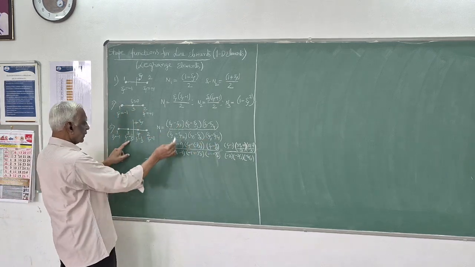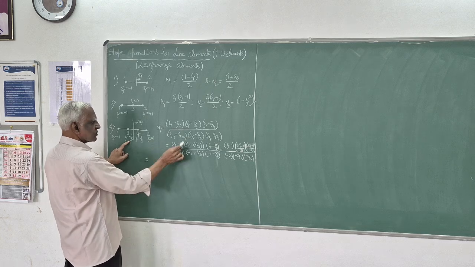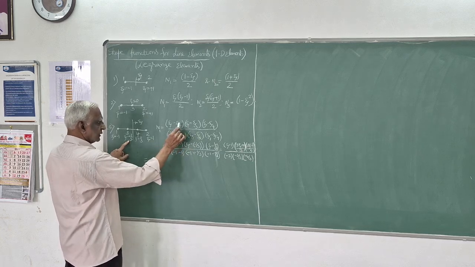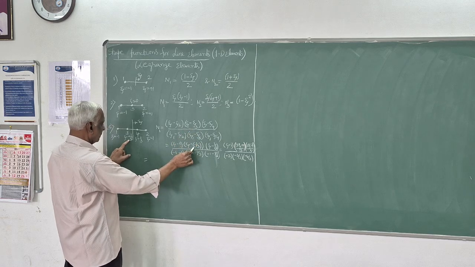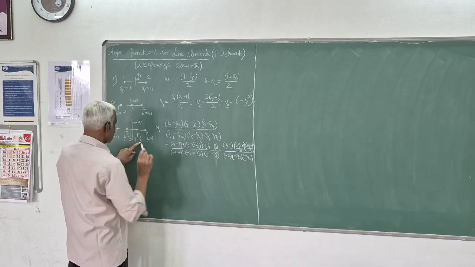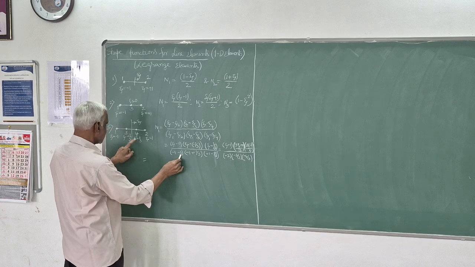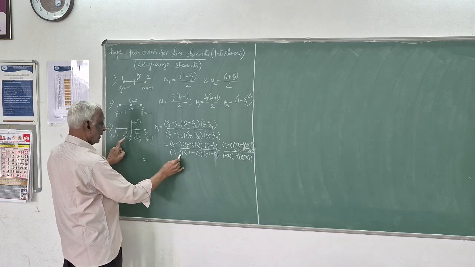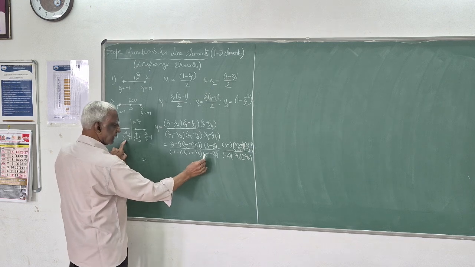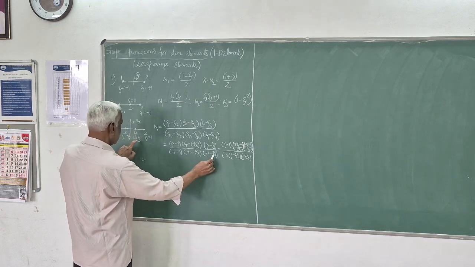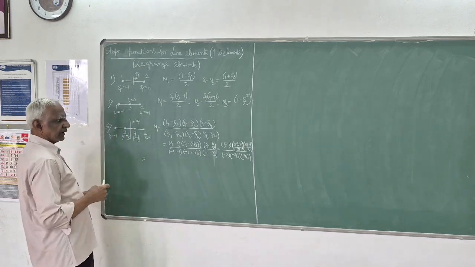Here psi 2 is 1, so minus 1, minus of minus 1 by 3, this is minus 1 by 3. Here it is minus 1 minus 1, then minus 1 plus 1 by 3, minus 1 minus 1 by 3.